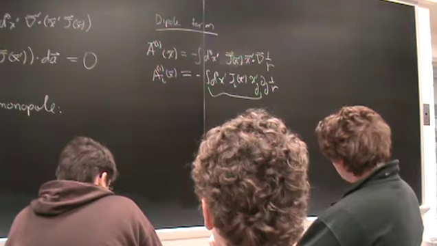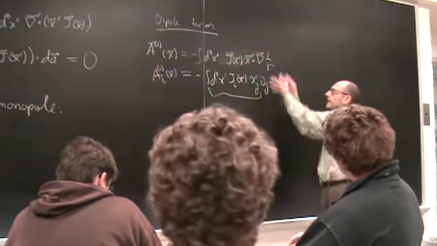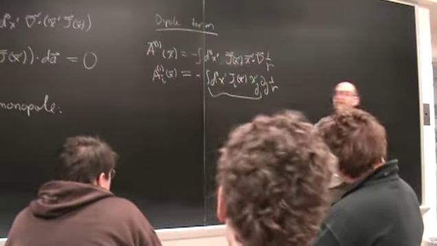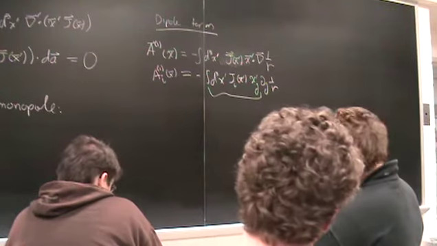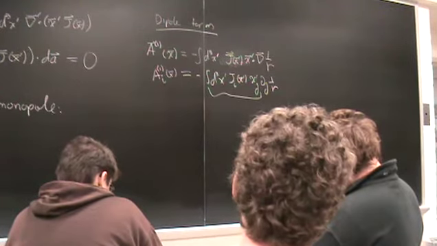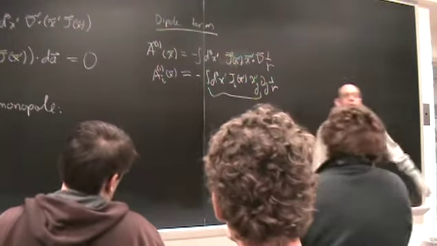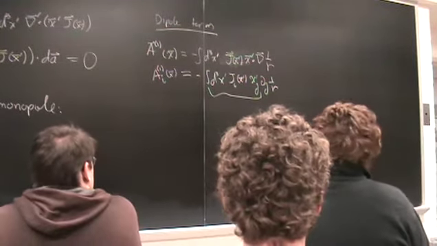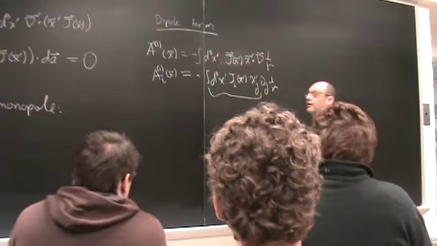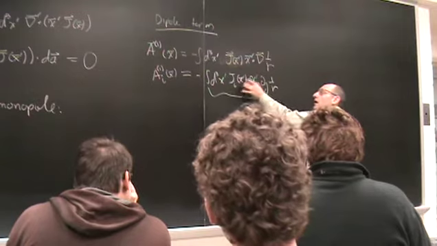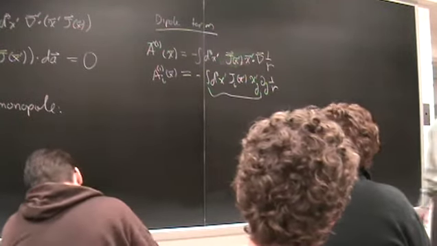Now, remember when we looked at these gradients of 1 over r, they were related to irreducible tensors. Since we're only looking at the vector term here, we only have the vector term of this irreducible tensor. And that vector term was related to the antisymmetric part of this tensor. That's the only term that survives when we do this contraction.